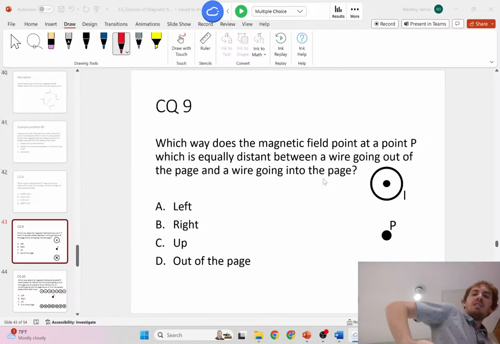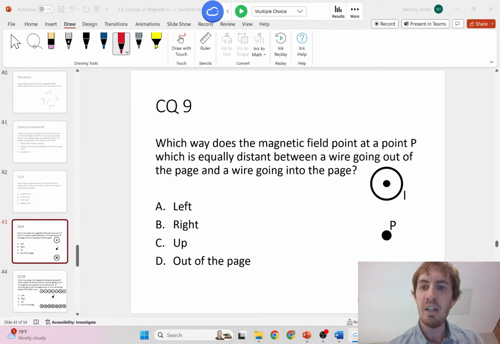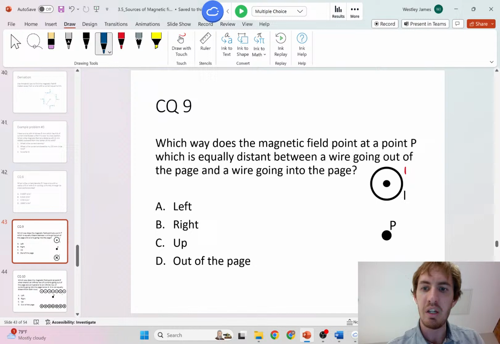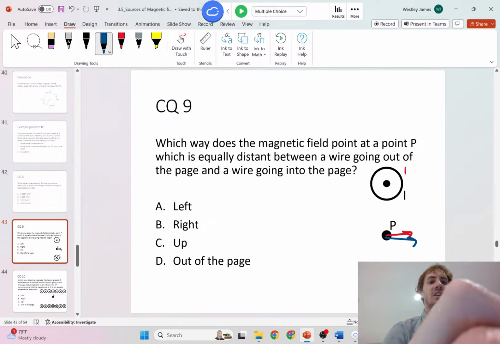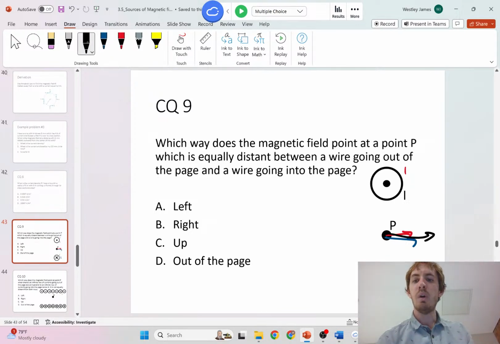Thumb points in, fingers point up, swing right. So, the top one we'll call wire 1, we'll call the bottom one wire 2. Wire 1 makes a field to the right, wire 2 makes a field to the right. They're exactly equal in magnitude, which at the end of the day doesn't really matter anyway. What matters is the net field is to the right.